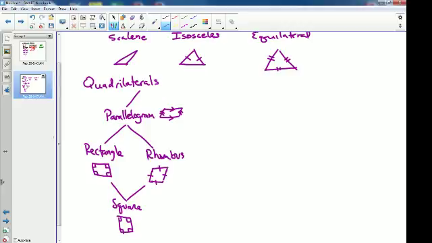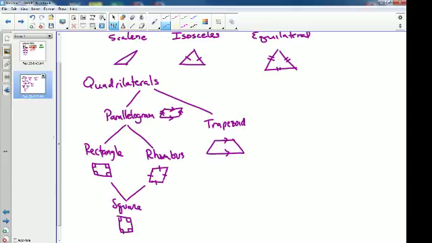What are the other quadrilaterals? Trapezoid. Which we probably will not touch much, but top and bottom are parallel, that's the only condition. And they're not the same length, otherwise it would be a parallelogram.